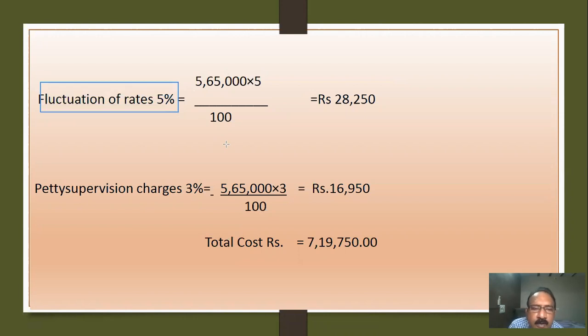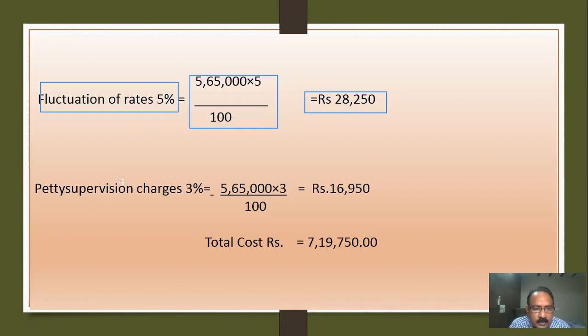The structural cost of the building is 5,65,000, and you have to add the fluctuation cost of 5%. 5,65,000 multiplied by 5 by 100. In this way, you have to calculate. This value is 28,250. This way we calculated the fluctuation cost of the building.